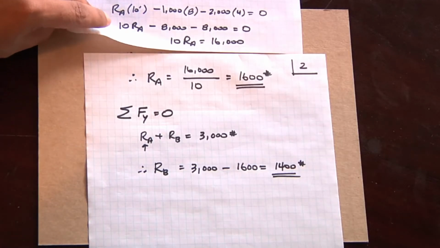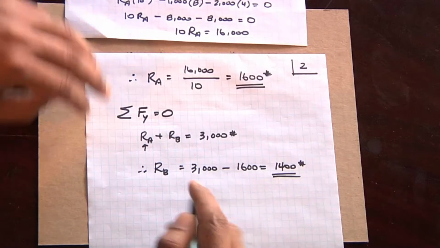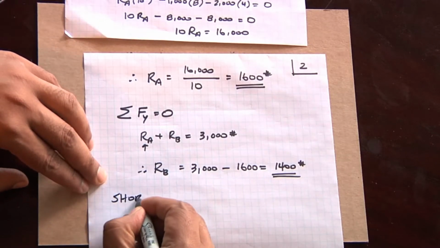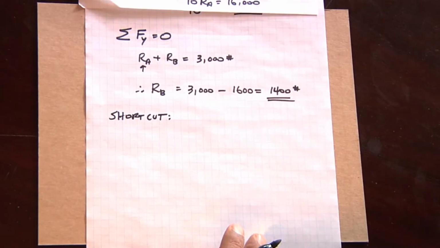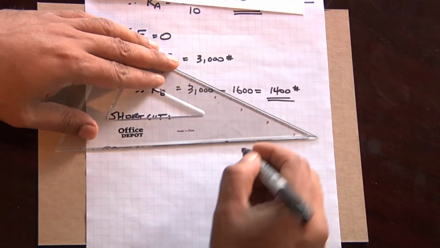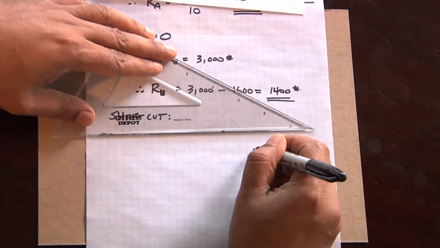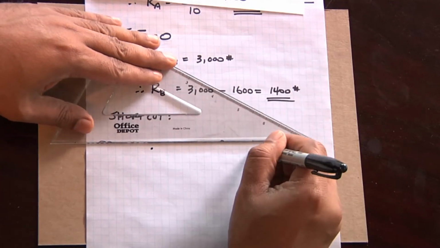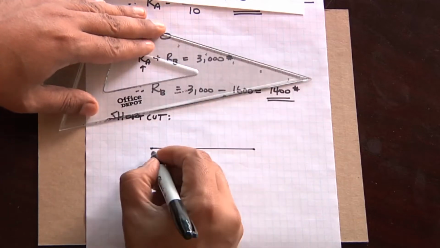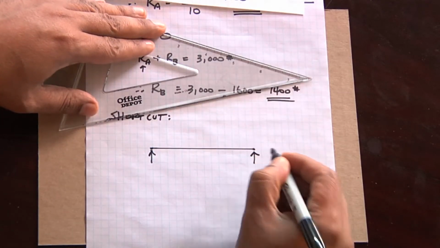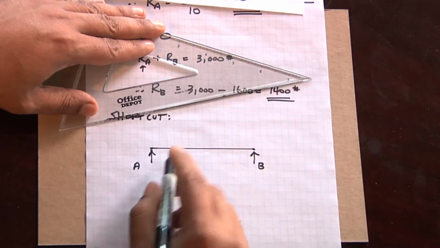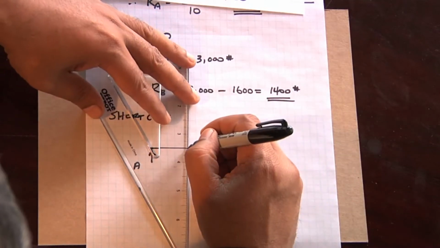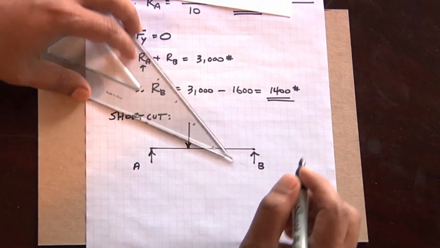Now there is also a shortcut way. I'll just take a moment and show you a shortcut on how to do that. And that comes from a basic equation that we use in structural analysis for load on a simply supported beam, and it might be of some use to you when you're on the test. Here we have a simply supported beam with reactions A and B, and I'm going to put a load somewhere along the length.